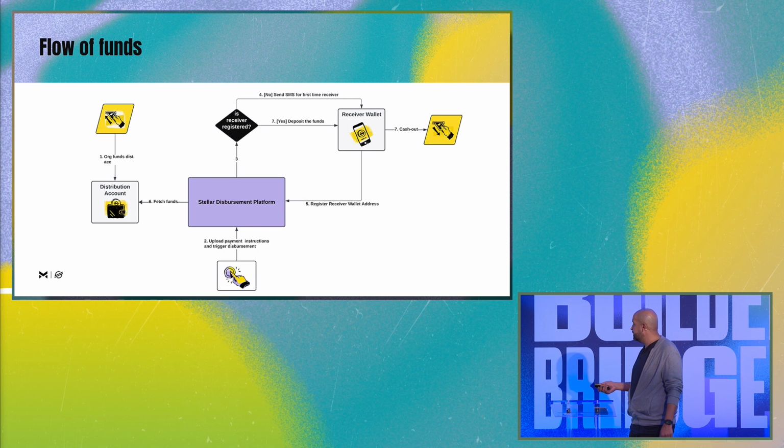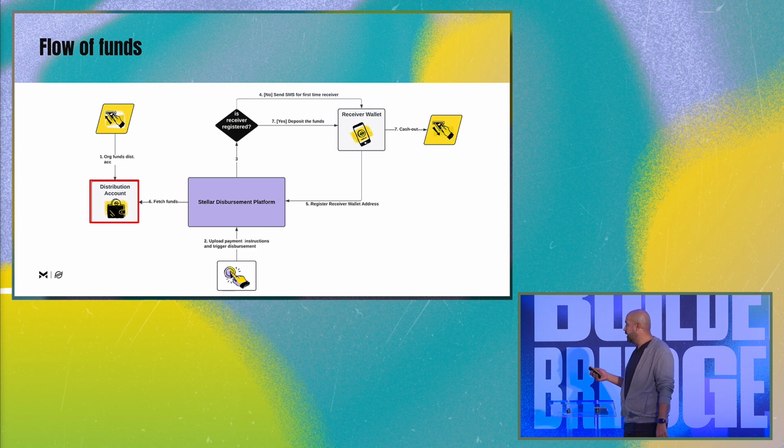We're going to start by talking about the flow of funds, which hopefully will make things a little bit clearer about how the SDP works from a black box type of perspective. As you see on the left side, the first step is that the organization is going to fund their distribution account. The distribution account can be either custodial or non-custodial.